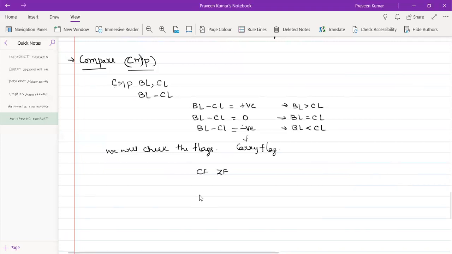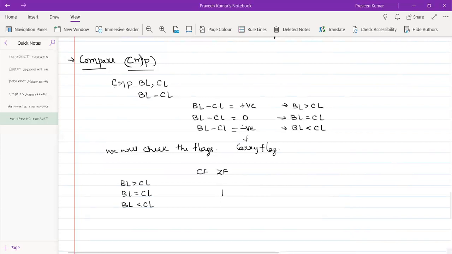What are the conditions that I have? BL is greater than CL, BL is equal to CL, and BL is less than CL. If BL is equal to CL, then the zero flag will be activated, that is, it will be 1. With three conditions, how many flags are affected?